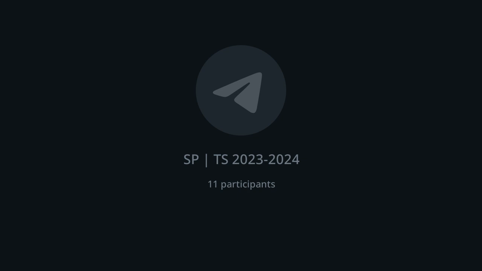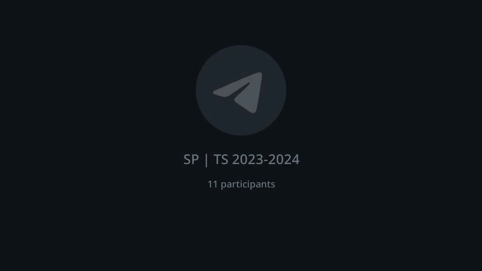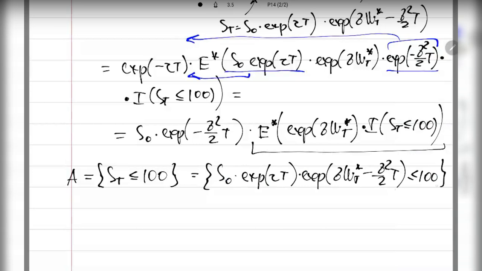So once again, I plug in everything I know about ST to simplify this event. S0 times exponent RT exponent sigma WT star minus sigma squared over 2 times T is less than 100.